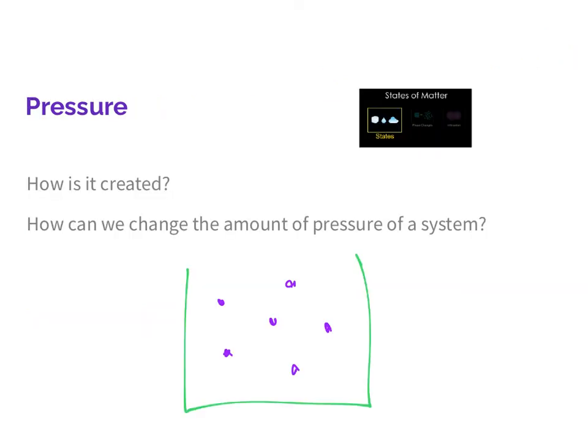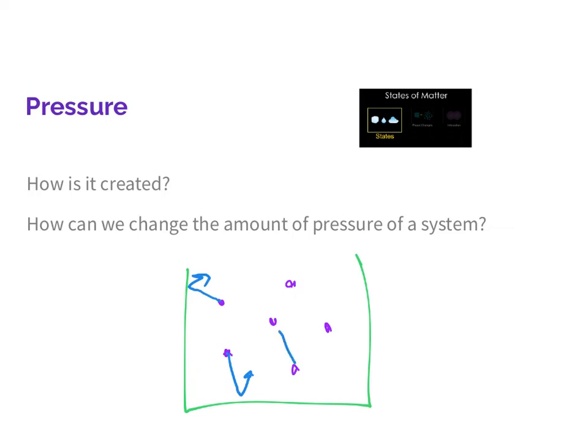One of the most important words for this unit is pressure. And so we have to understand what pressure is. And so without going into a huge definition about it and talking about forces, what we can say is pressure is the force exerted from the molecule on the wall of a container. So anytime a molecule comes in contact with the wall, it exerts some kind of force.